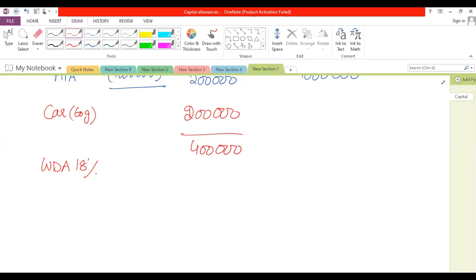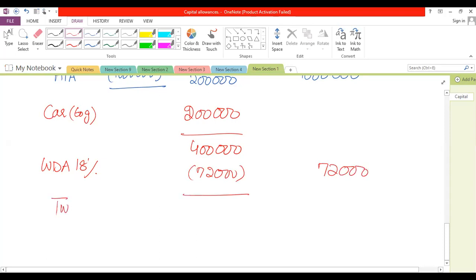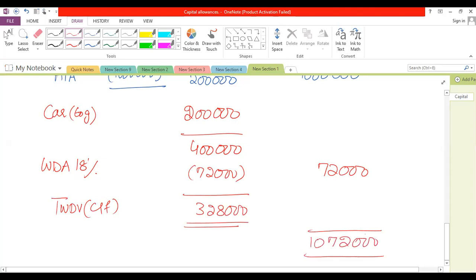So 72,000 is the allowance value, and now the TWDV closing balance is 3,28,000, and we have the total allowance available. This is the total allowance.